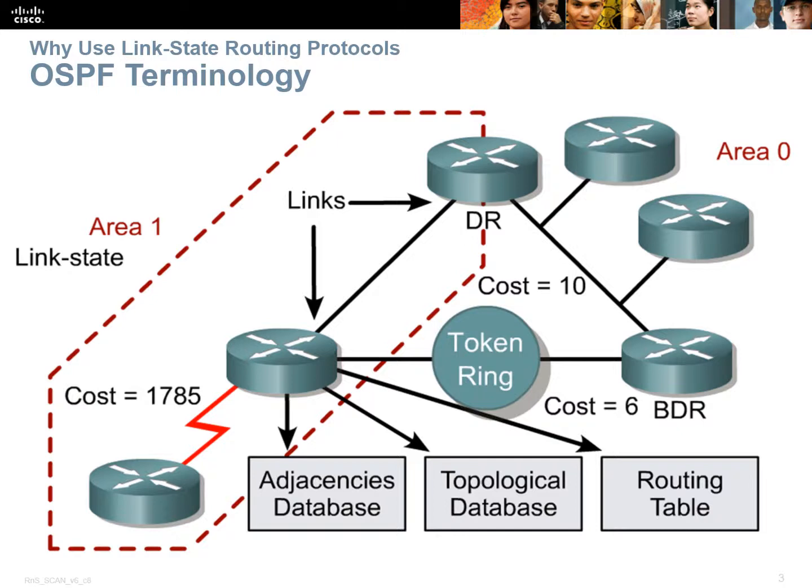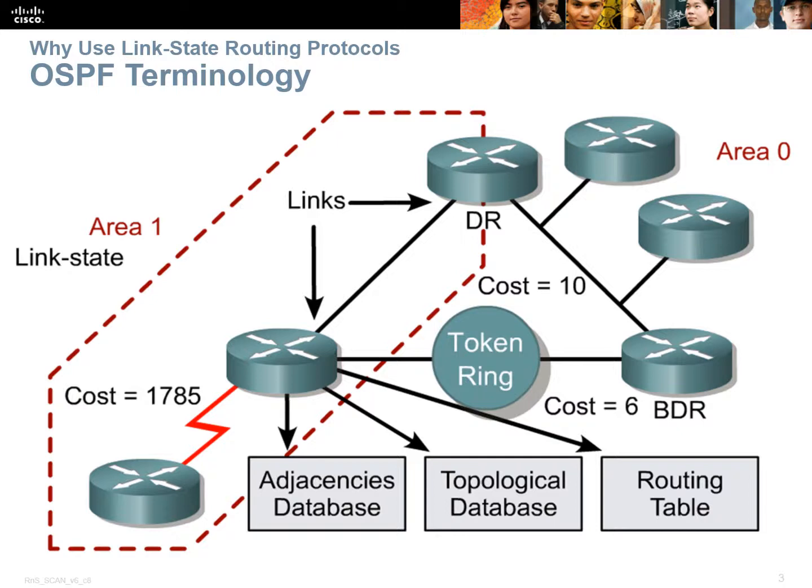Routing table. All OSPF routers maintain a routing table so they can give the best routes to any destination to the router itself. And an adjacency database, exactly the same as the neighbor table in EIGRP. All the routers maintain a list of directly connected neighbors, and they form adjacencies with those neighbors.